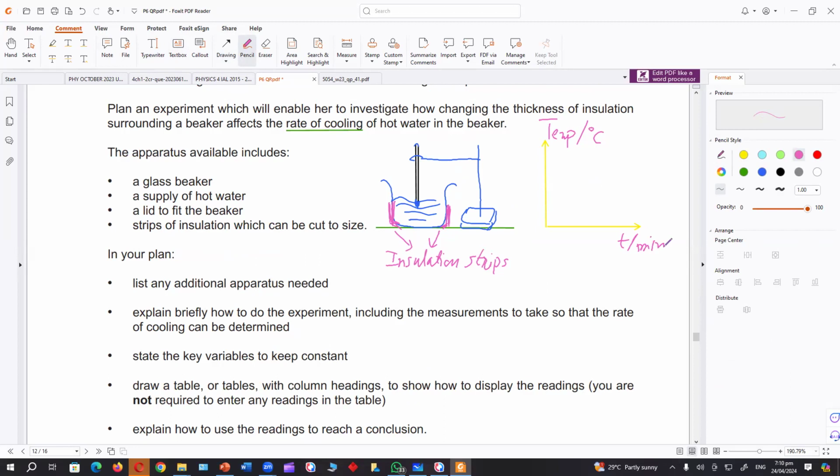So you can arrange the apparatus like this. We have a thermometer and you start the experiment.